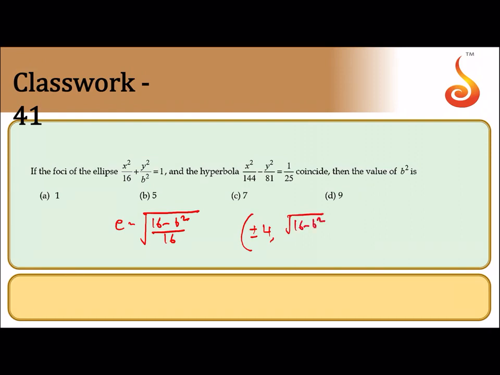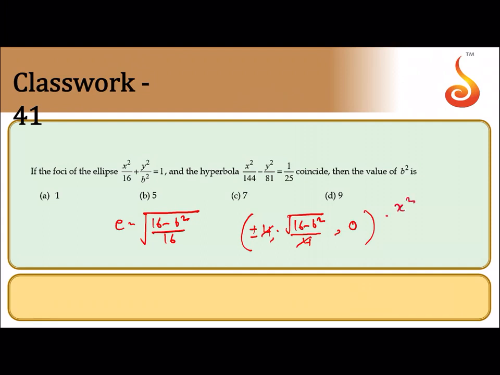The foci coordinates will be plus minus ae comma 0, that is plus minus 4 into root of 16 minus b square by 16, comma 0. 4 and 4 will cancel.